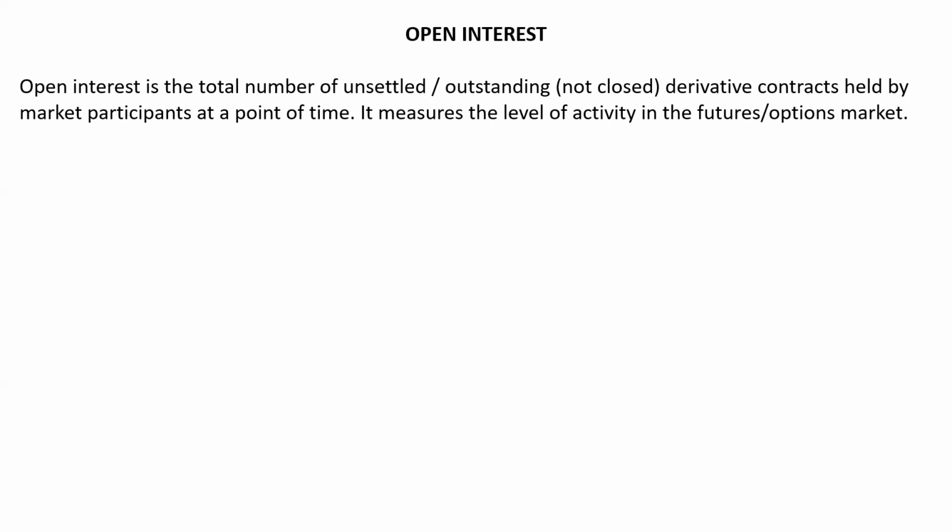Let me give you an example. So we have Mr. A and we have Mr. B. So Mr. A is going long on 5 Nifty futures and Mr. B is taking the opposite position.